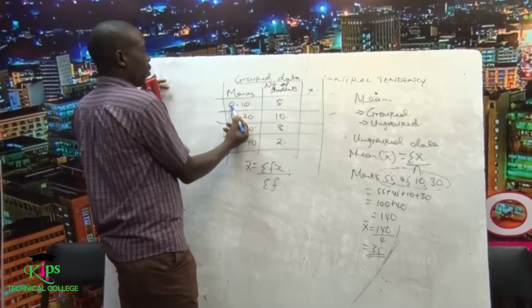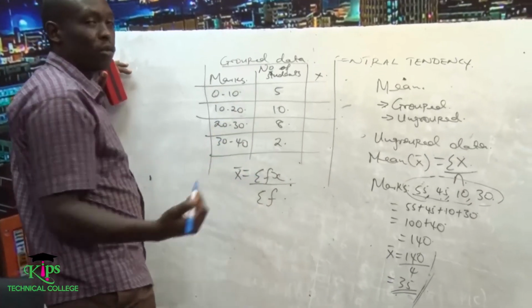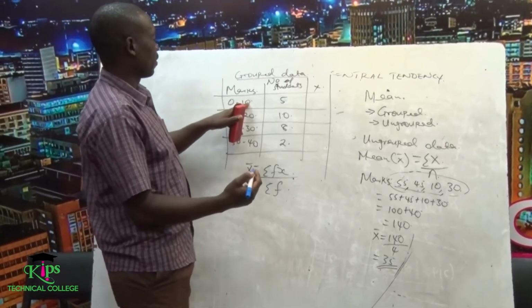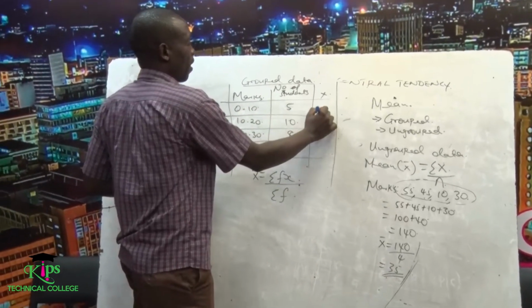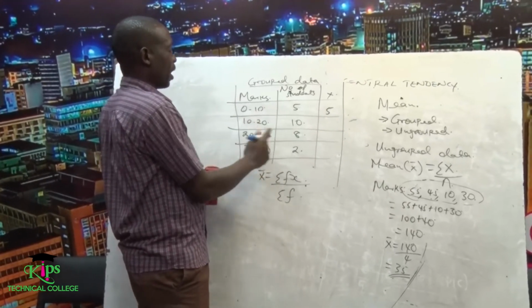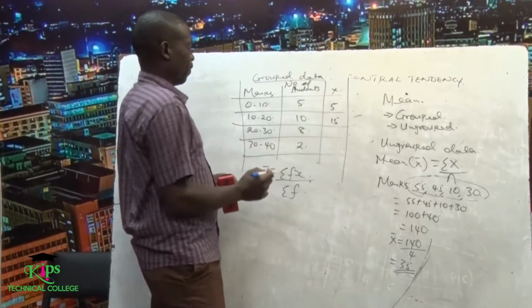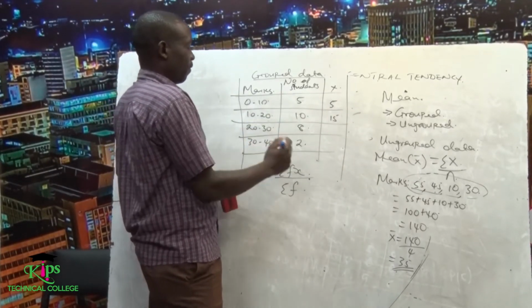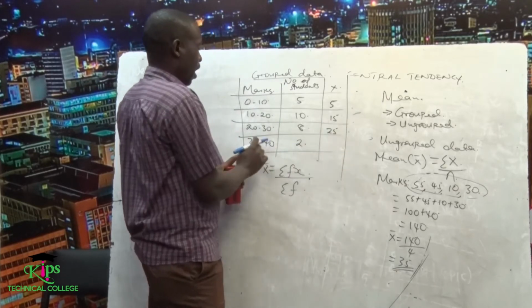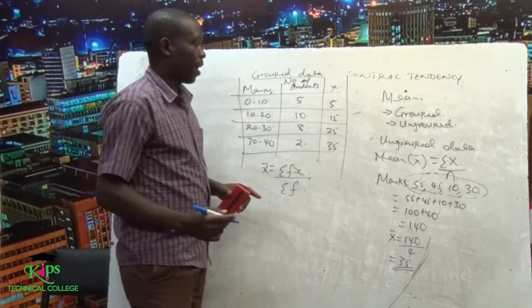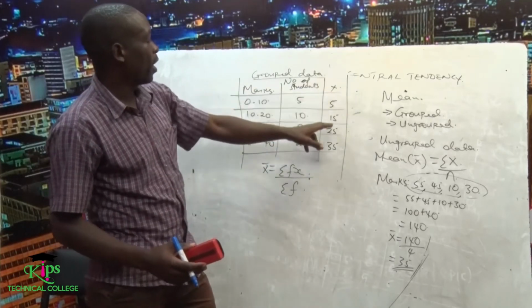You just add the lower limit plus the upper limit, and then you divide by 2. So 0 plus 10 is 10, divided by 2 is 5. 10 plus 20 is 30, divided by 2 is 15. 20 plus 30 is 50, divided by 2 is 25, and 30 plus 40 is 70, divided by 2 is 35. Those are the values of x.